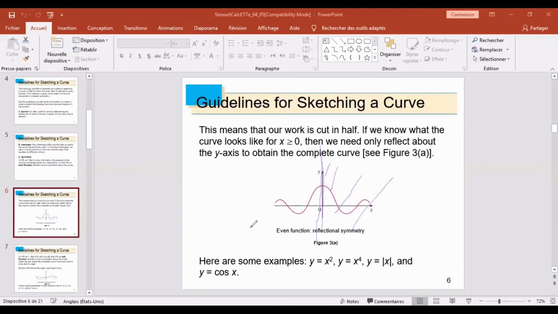This is true when we have an even function like x squared, x to the 4, absolute value of x, and cosine x, for example, and more generally for any even function.